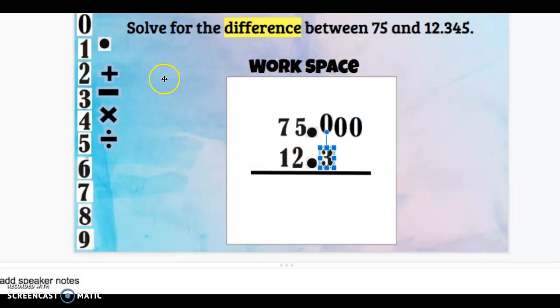Next, I'll place the 4 in the hundredths place underneath the 0 in 75. And then I will place the 5 that's in the thousandths place underneath the last 0.